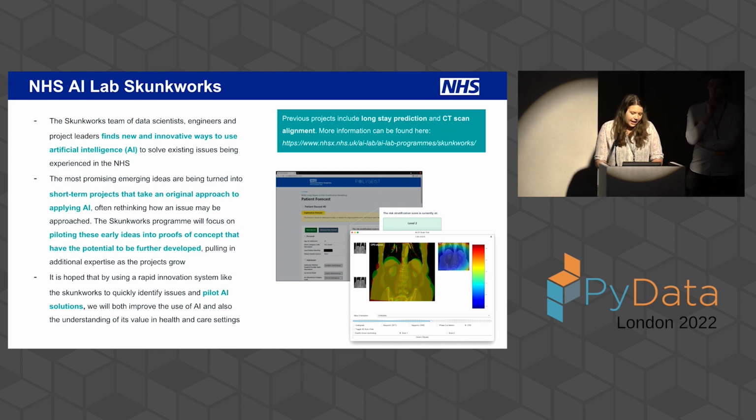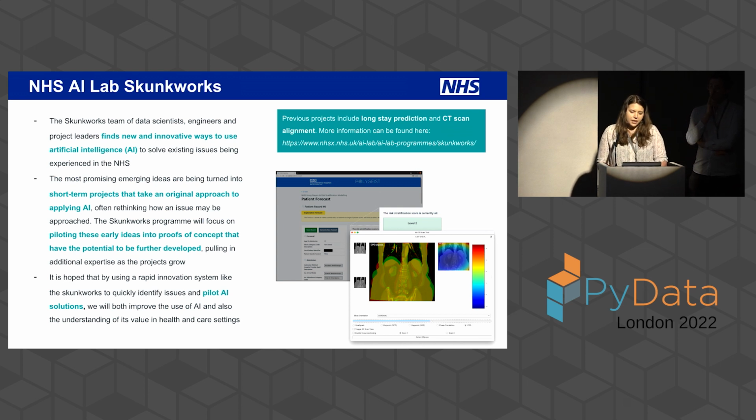The NHS AI Lab is part of the NHS Transformation Directorate. It was formed to support the safe, ethical adoption of AI in the NHS, and it's made up of a number of programs, including regulation, ethics, imaging, and the Skunkworks team, which we're a part of.